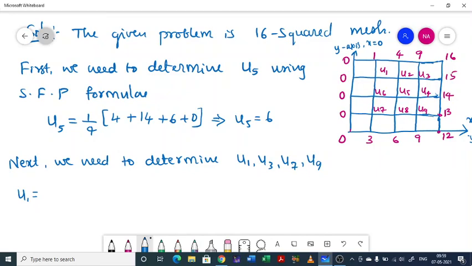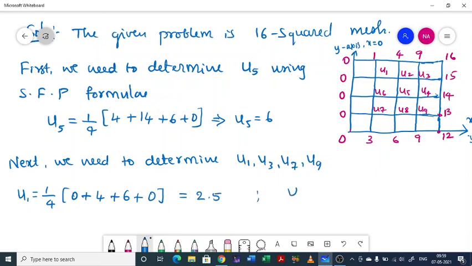So u1, you have to take the average of diagonal neighbors. 1 by 4 times of 0 plus 4 plus 6 plus 0. So 10 by 4, that is 5 by 2. Okay, 2.5 it is.